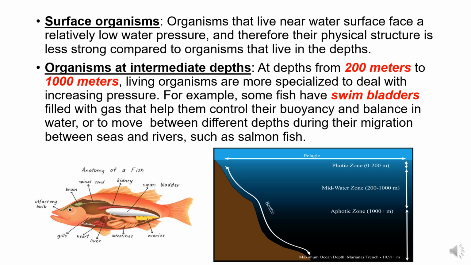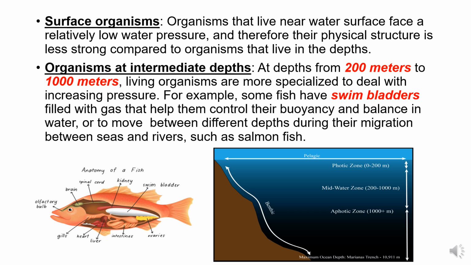Okay, let's repeat again. For organisms living near the surface, the water pressure is low, so their structure is less strong compared to organisms living at other depths. But the organisms at intermediate depth, from 200 to 1000 meters, are more specialized. Why? To deal with increasing pressure.